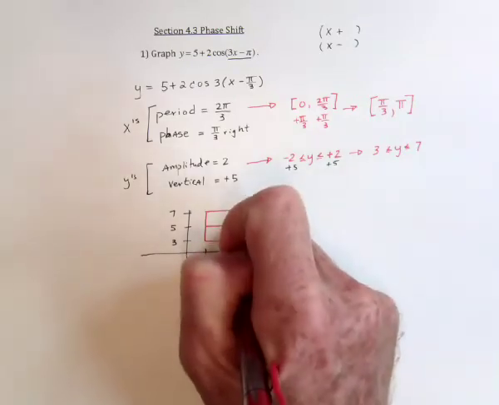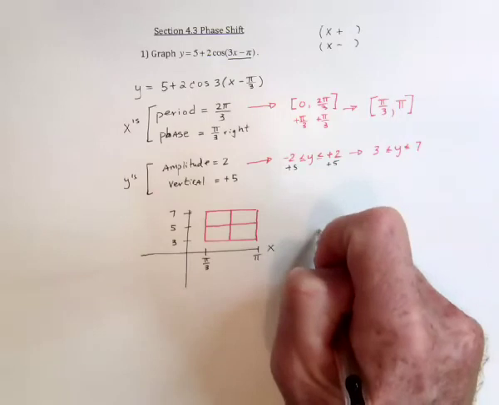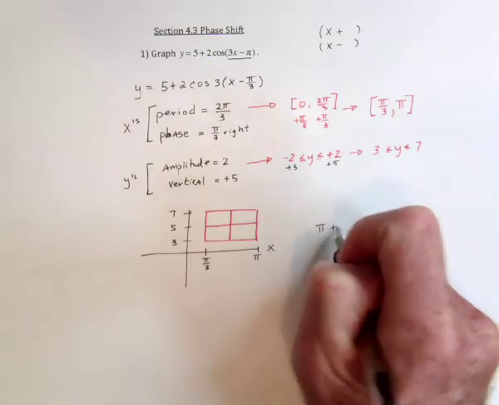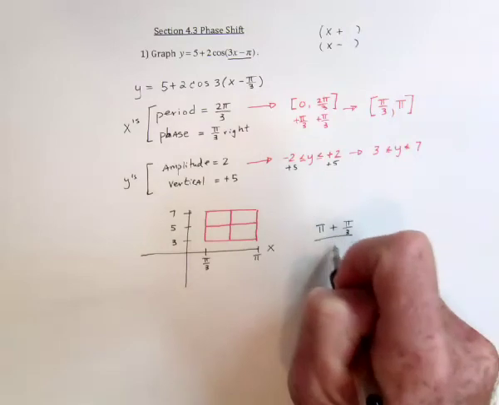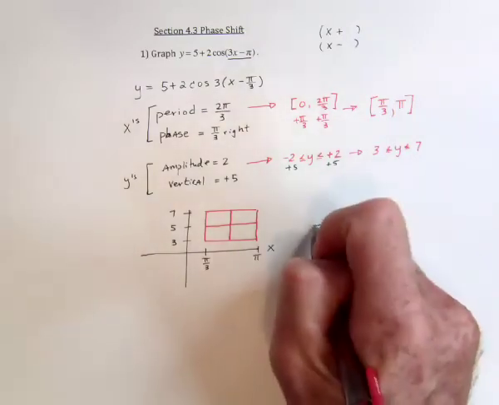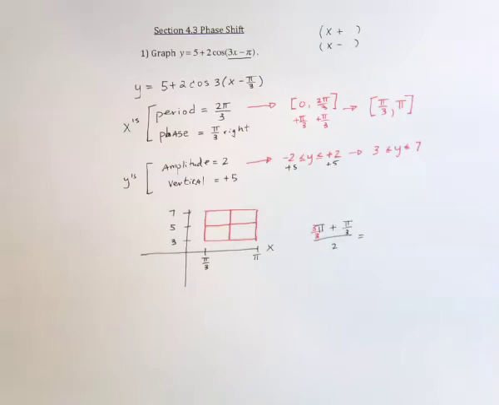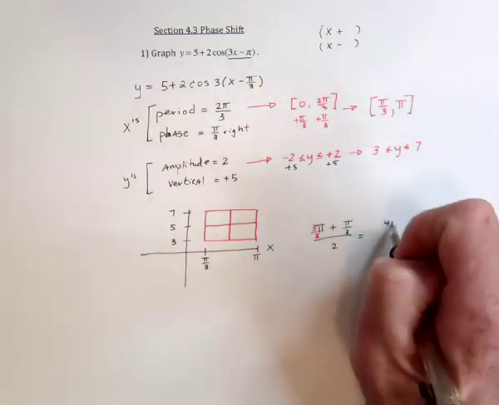And then what's halfway between these two? Well, that one's not so straightforward. So I'm going to find the average. So a pi plus a pi over 3, and then divide by 2. Well, the first one is 3 pi over 3. So that's a grand total of 4 pi over 3.